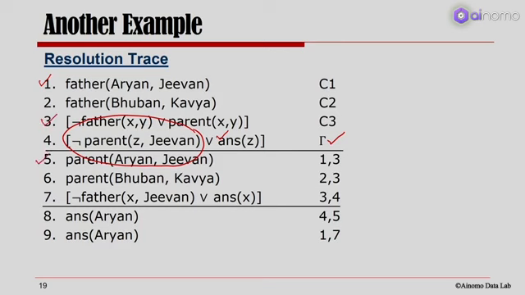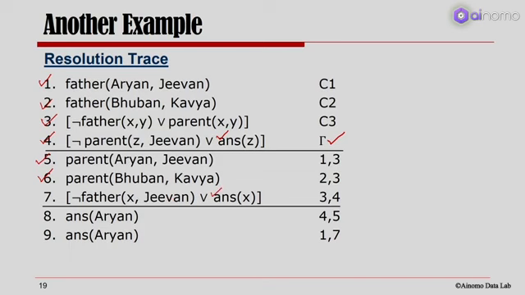and I could resolve between 1 and 3 to have parent Aryan, Jivan. I could resolve 2 and 3 to have parent Bhuban, Kavya, and then I could do a resolution between 3 and 4 to have not father x, Jivan, and the answer literal as answer x.